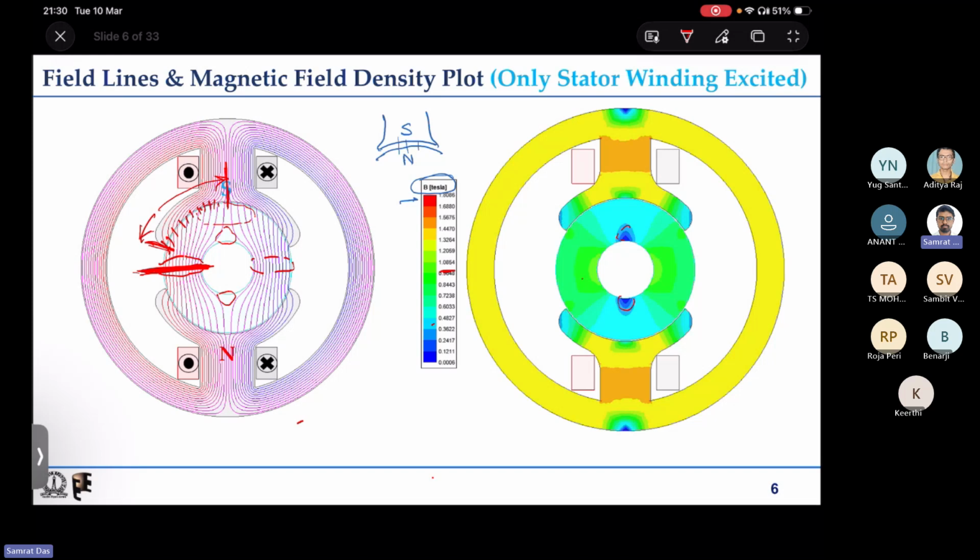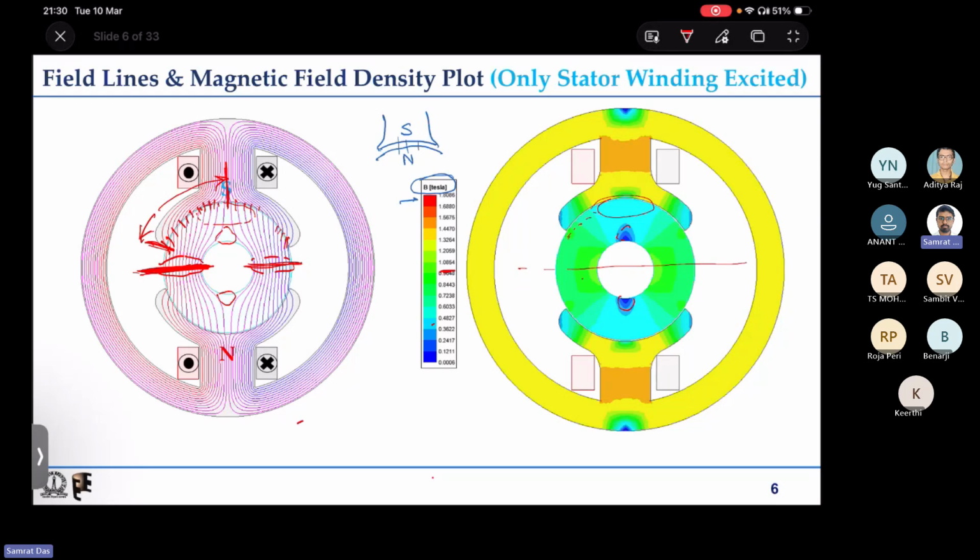So that is why you have high flux density in this region, on both sides. Whereas some of the flux lines come in from here, and some come in from the central portion. That is why in the central portion flux densities are quite low, but as you go along the x-axis, the flux densities become quite high.